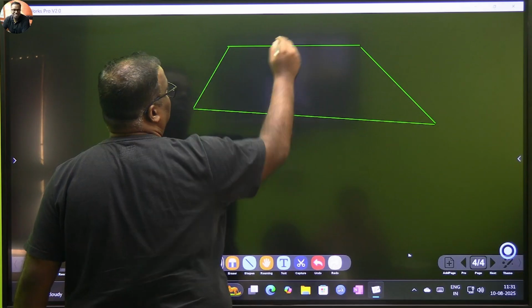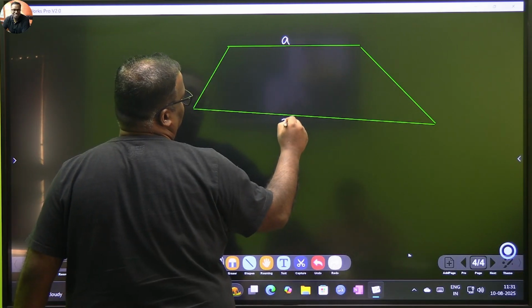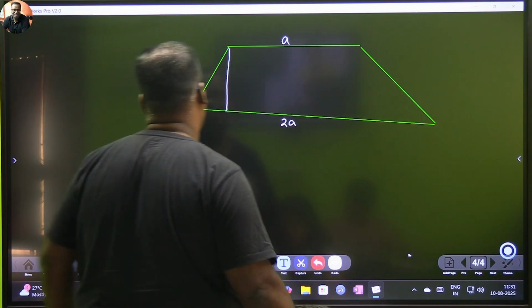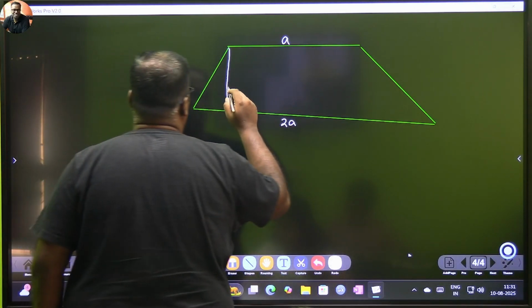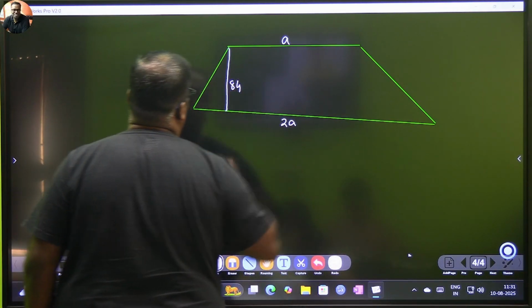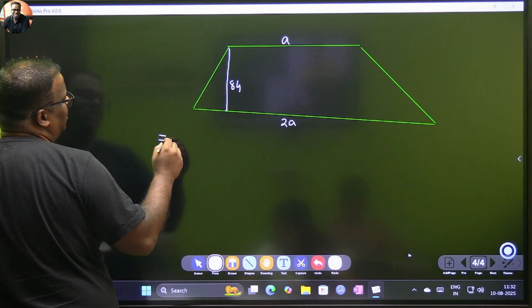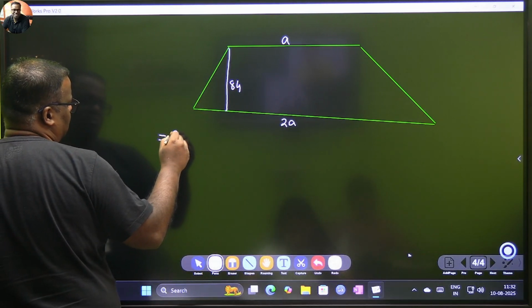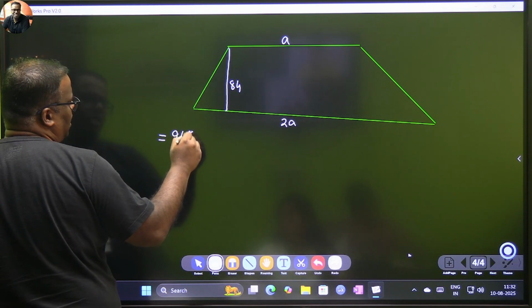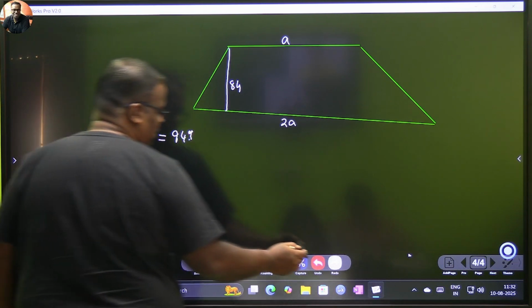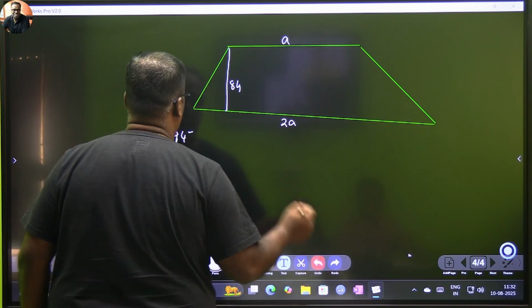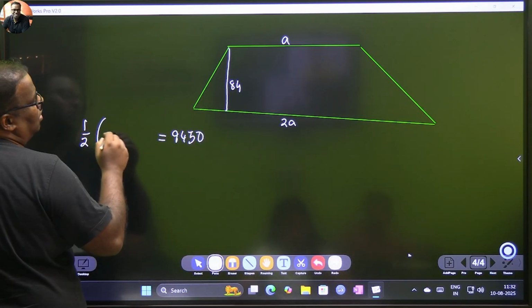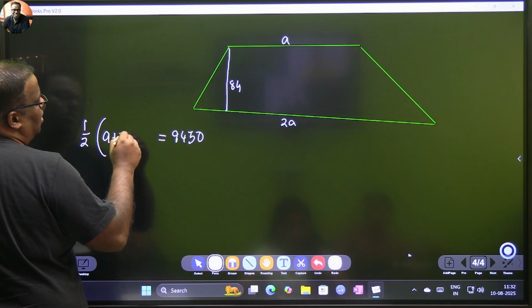If the area of the field is 9,450 meters square, and the perpendicular between the parallel sides is 84 meters, find the length of the longer parallel side.